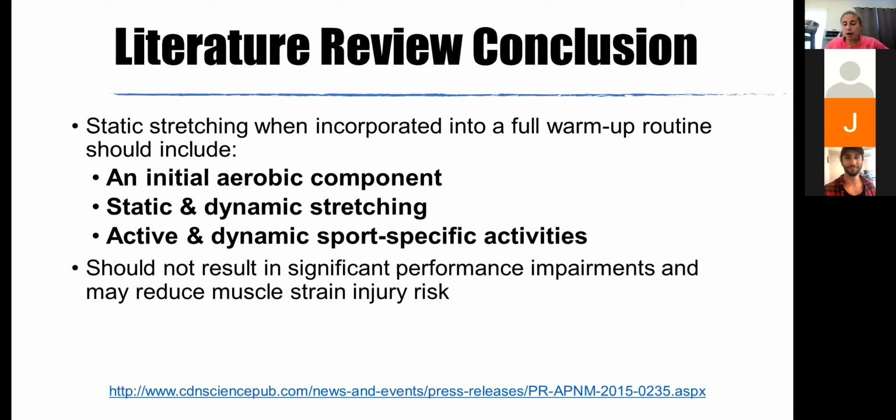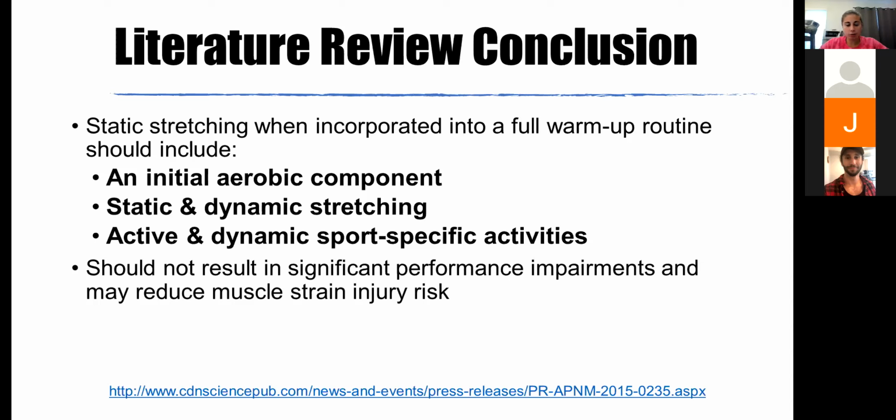Okay, so if we are going to do a full body warm-up routine, here's kind of what you should do. You should have that initial aerobic component, as we talked about, that general warm-up, 5 to 10 minutes, jogging, walking, cycling, skipping, whatever you're going to do. Then after that, you'll do your static and dynamic stretching. So you can do your static first if you like, or if you want to do dynamic first, again, not wrong, okay?